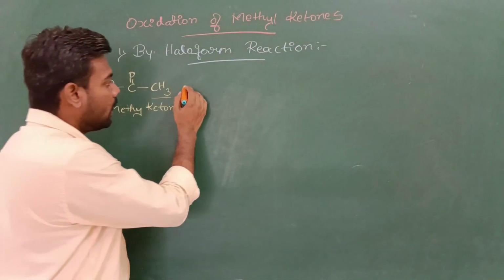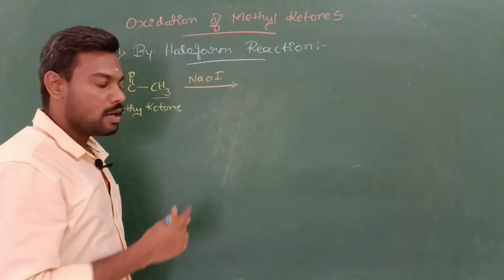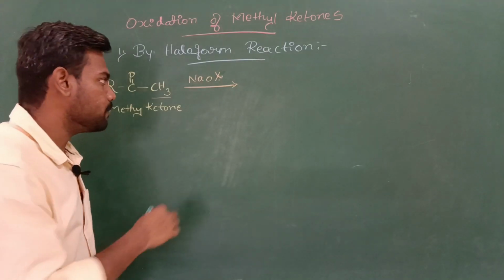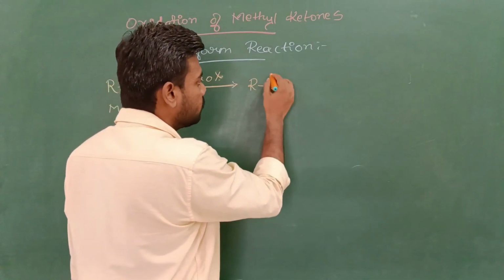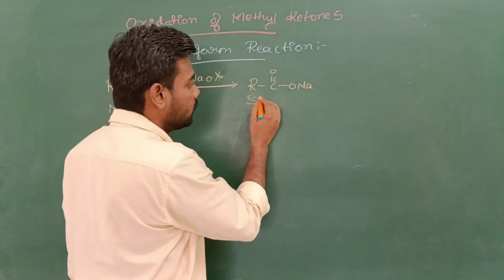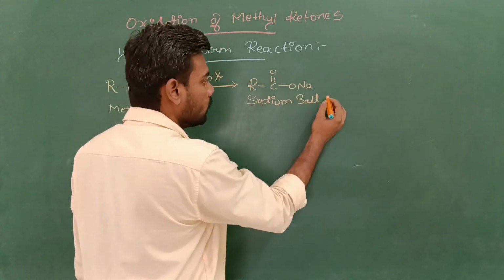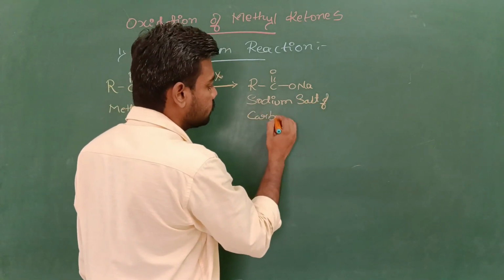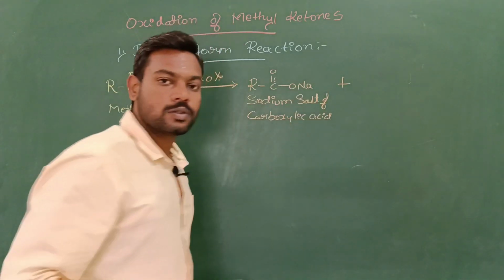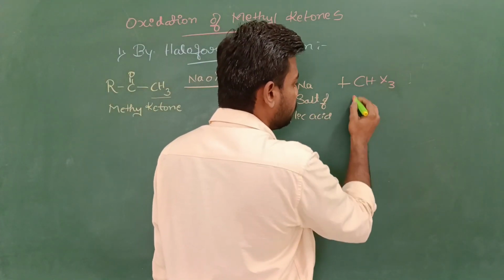This will be oxidized by sodium hypoiodide or sodium hypohalite to form sodium salt of carboxylic acid and haloform.